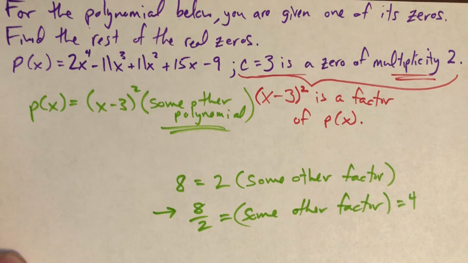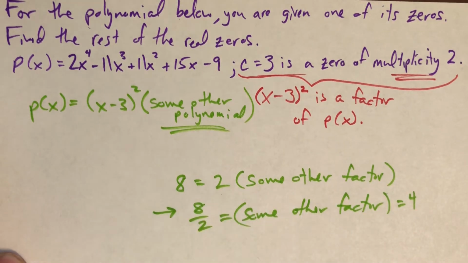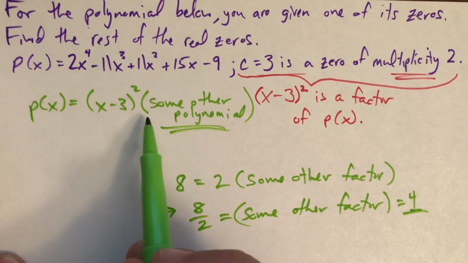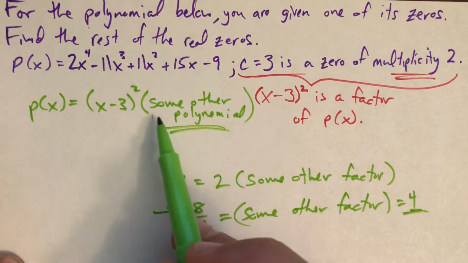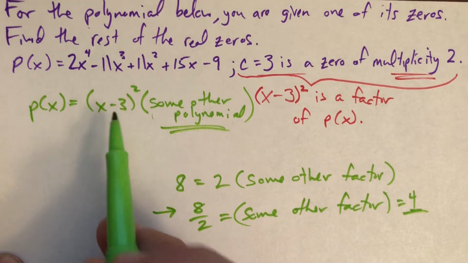It's not so crazy when we have just regular old numbers. So if I say that 8 is the product of 2 and some other number, we just divide 8 by 2 to find that other number, right? And here it's 4. We can do the same thing with this, where our other polynomial is just going to be our original polynomial divided by the known factor.